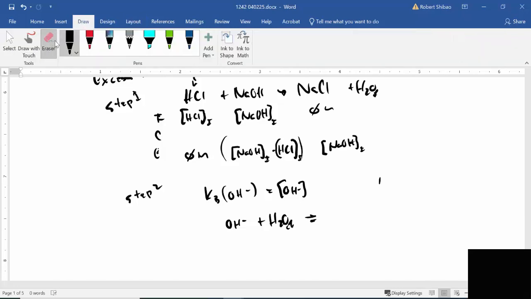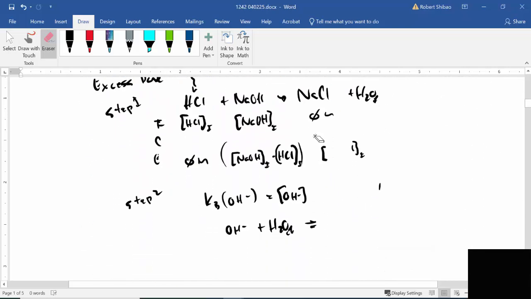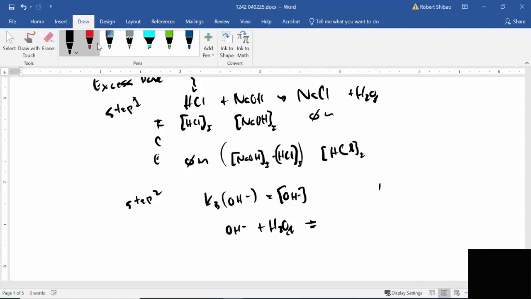I made a mistake with that. Sorry, correct this, this has to be the HCl initial concentration. So this step 2 is kind of easy. It's just hydroxide and water makes water and hydroxide. So really nothing happens, so we kind of skip this.